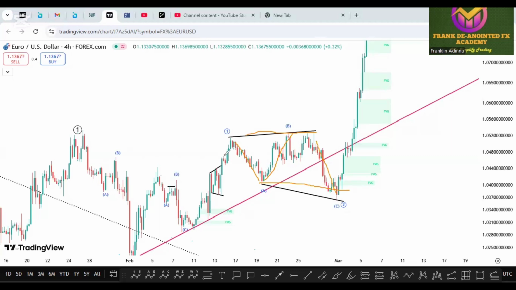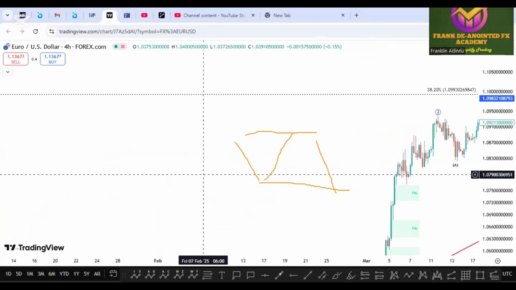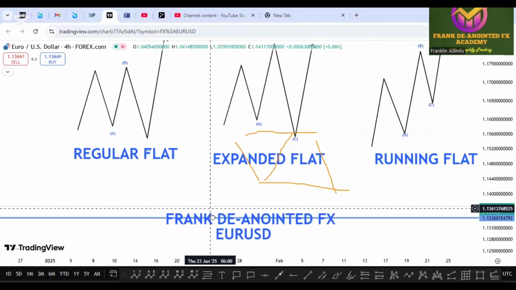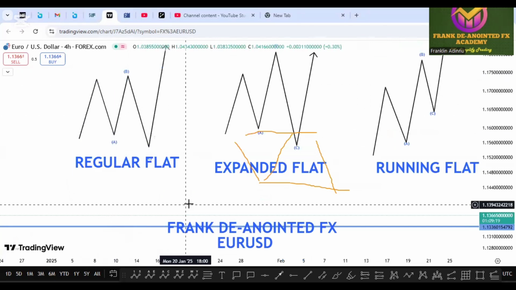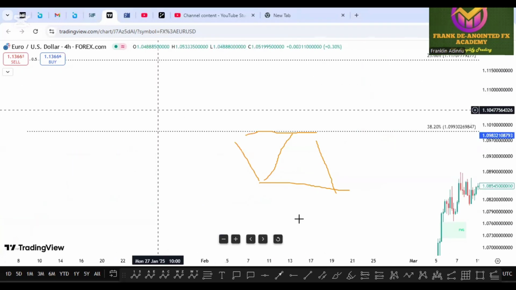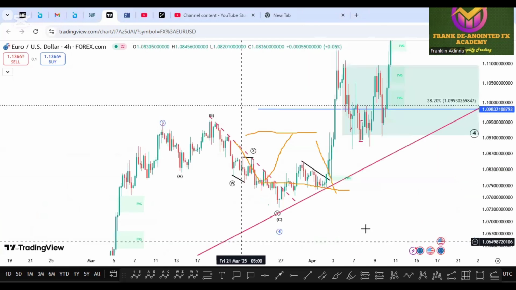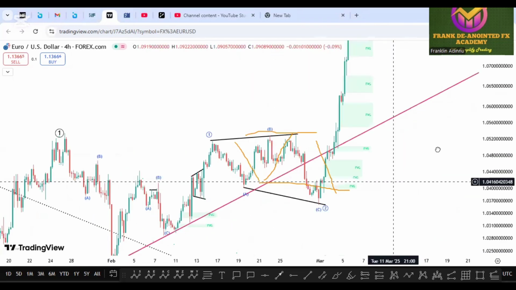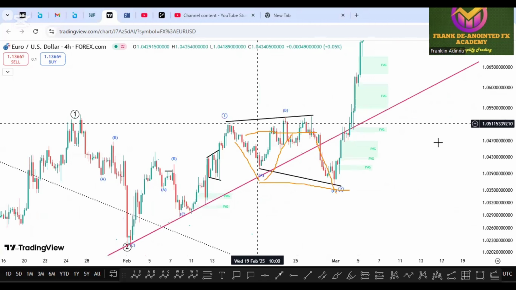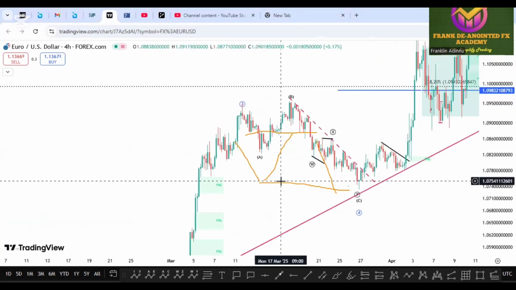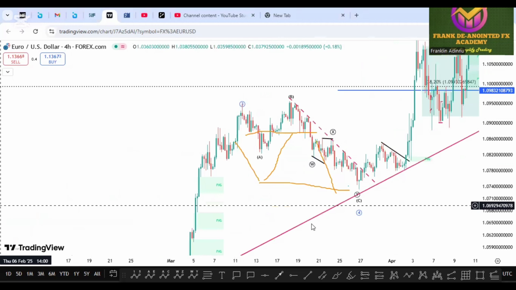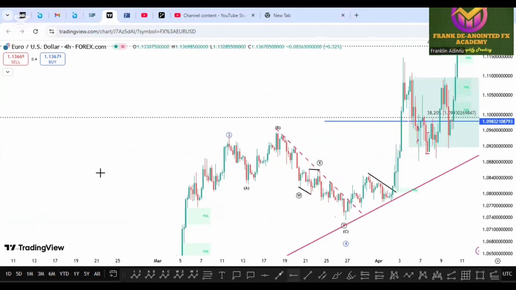Do you understand, guys? Let's see it now. That is a regular flat pattern. See it come here, A, B, C. Same thing happens there. Same thing happens there. A, B, C. This is another flat pattern also. Another regular flat pattern. This pattern always comes out in the market.